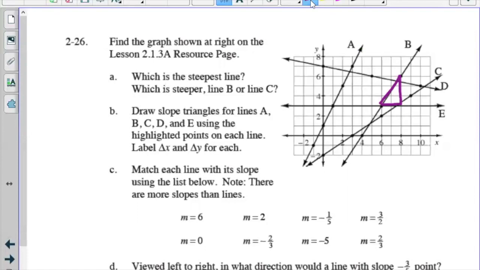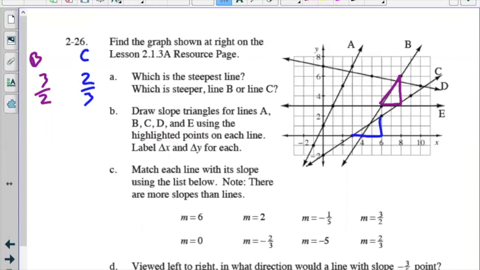For B, I am going up 3 over 2, so that is the slope for B, compared to C, where I am going up 2 over 3. So 2/3 is my slope for C.